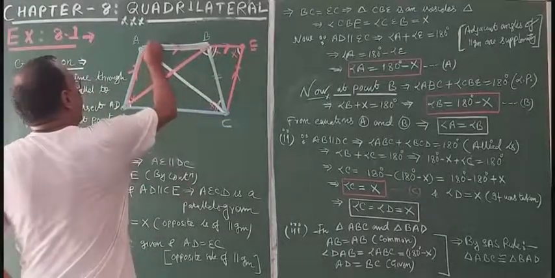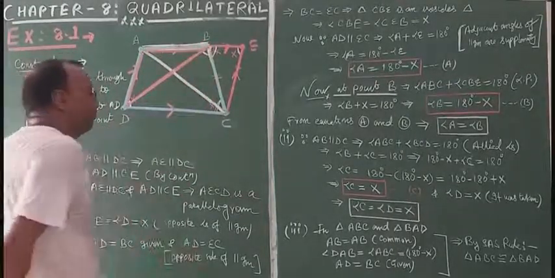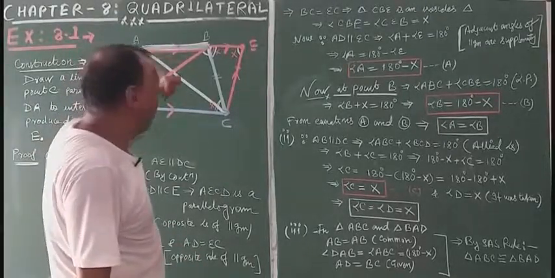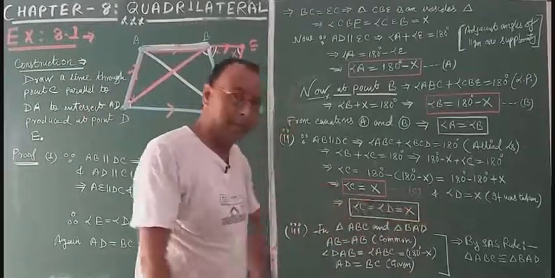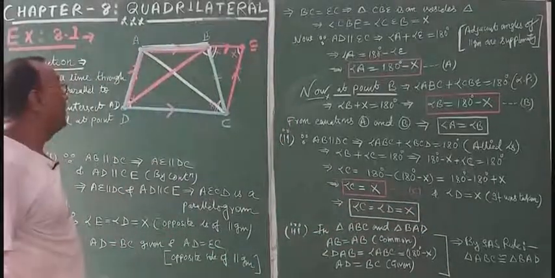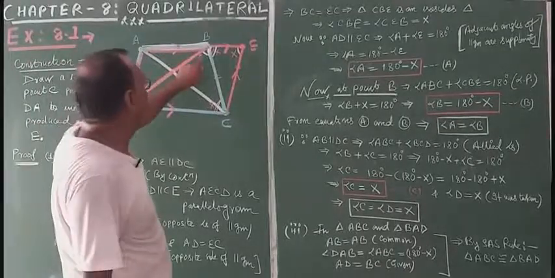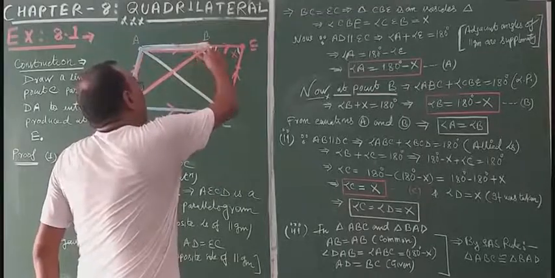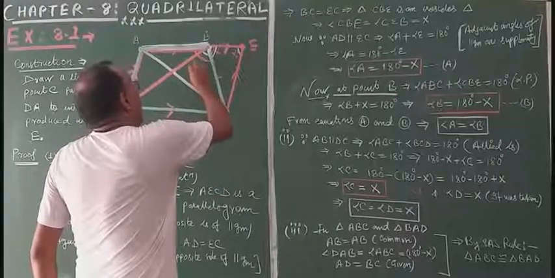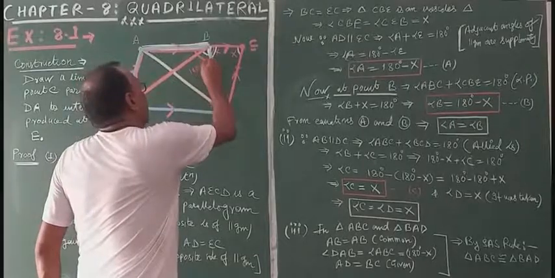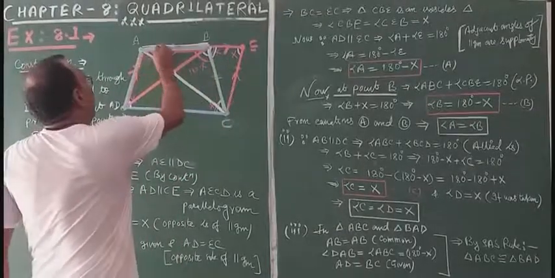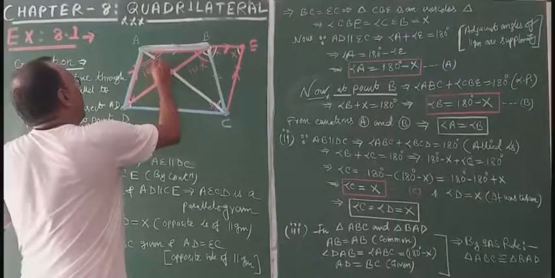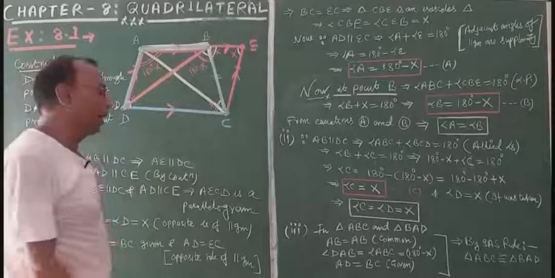So now just look here. The first thing, AB is equal to AB. This is common in both triangles. Another thing, just look at angle ABC. What is its value? ABC means angle B, which was 180 minus X. And the value of angle BAD is also 180 minus X. We have proved they are equal.